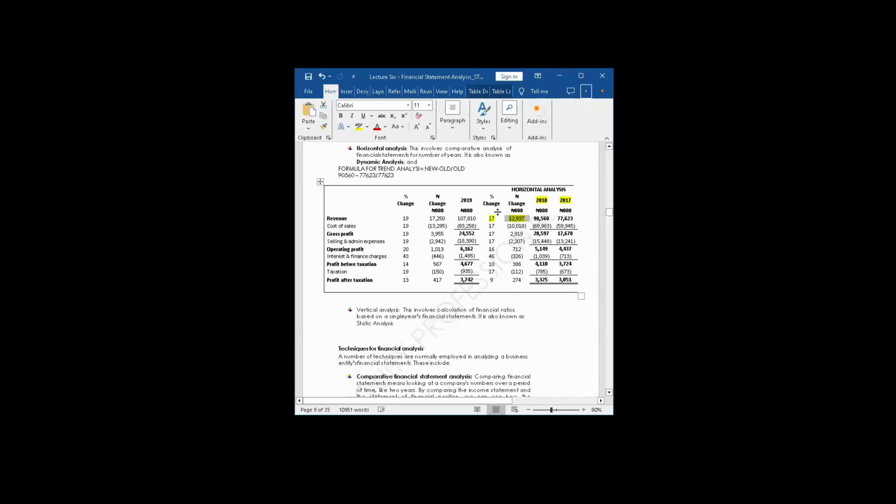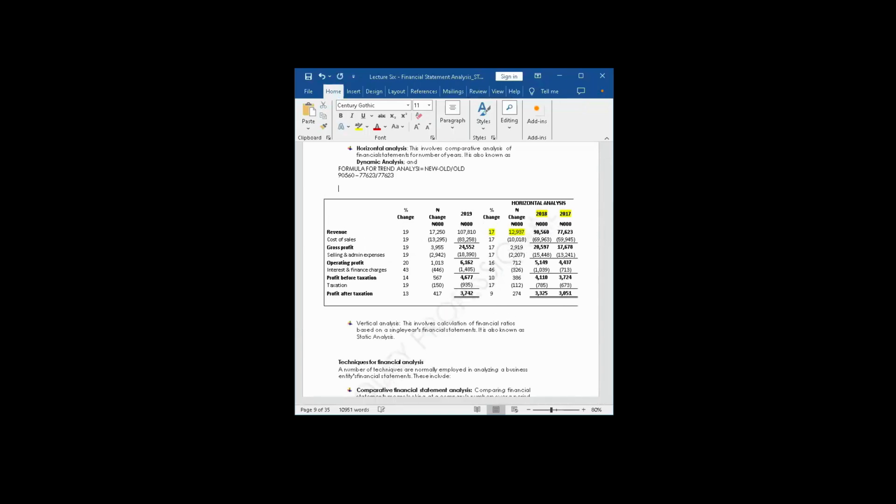Then we also do it between 2018 and 2019. The new is 2019, 107,810, minus the old, 2018, 90,560, which equals 17,250.